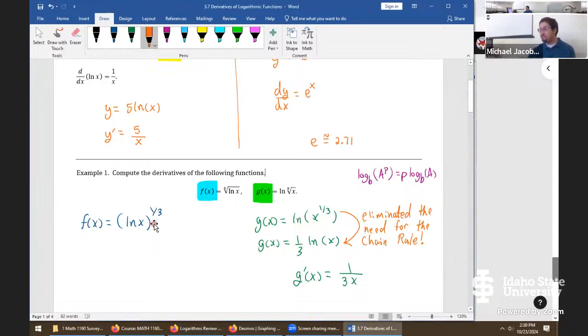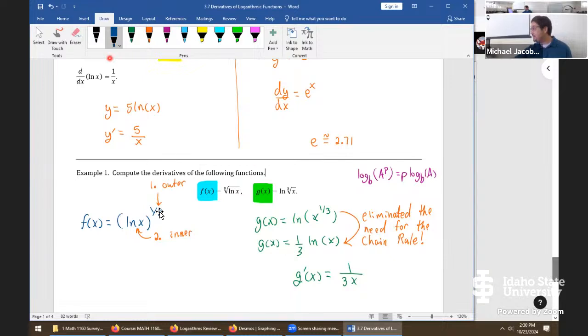In this format right here, there is no helpful property for us. This one is a chain rule for the function f of x in blue, no matter what we do with it. So let's start analyzing it as a chain rule function. The outer function is this one. The inner function is natural log x. So the pattern for differentiation, we'll go differentiate that first.